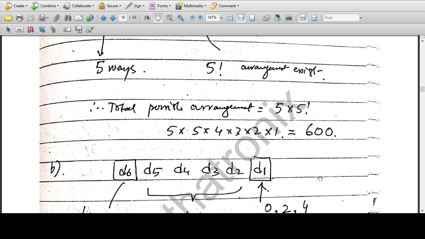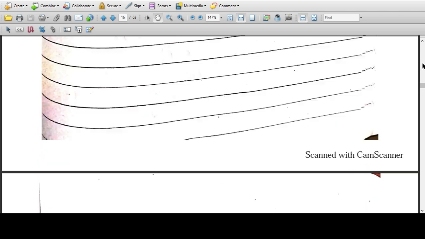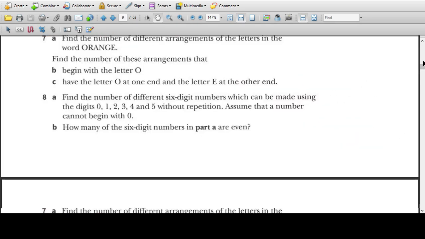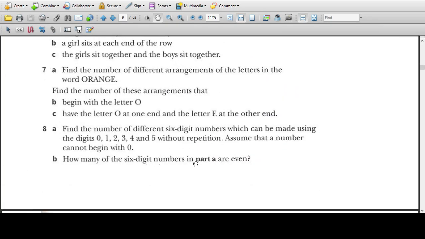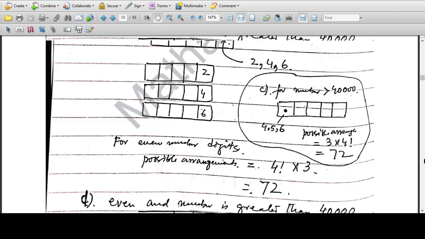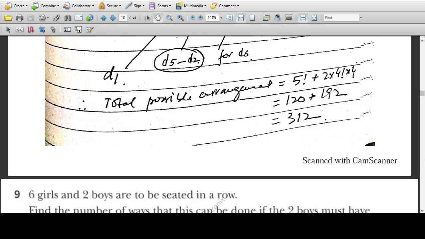Now the B part. Let's see it again. How many of the 6-digit numbers in part A are even? In part B, the numbers are even.